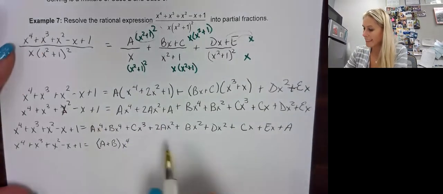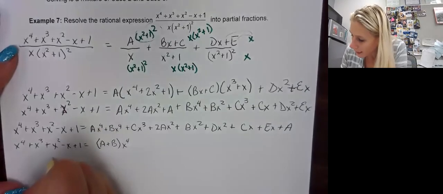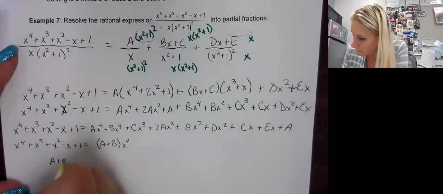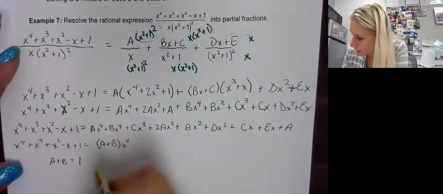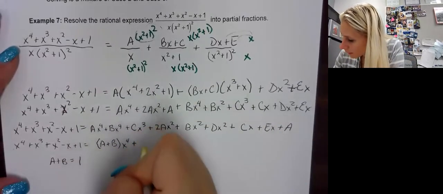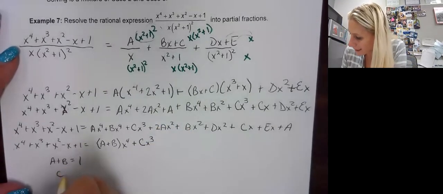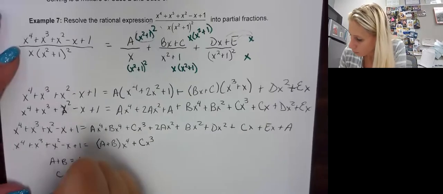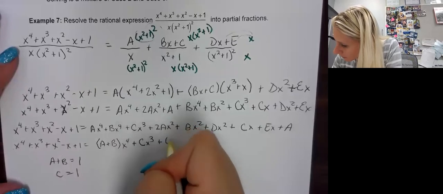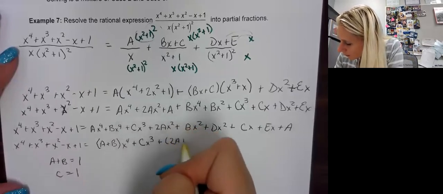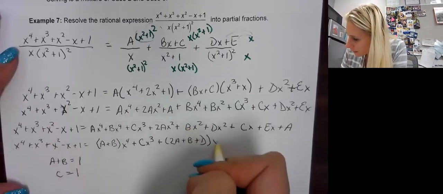You know what? As I do this, I'm going to write down below what that means. That means a plus b equals, what's that number in front of x to the 4th? 1. Now we have only cx cubed. That's nice because that tells me c is 1. Now we have plus 2a plus b plus d x squared.